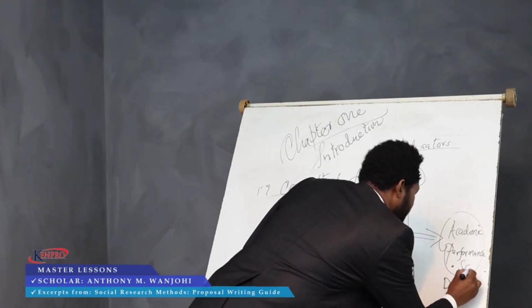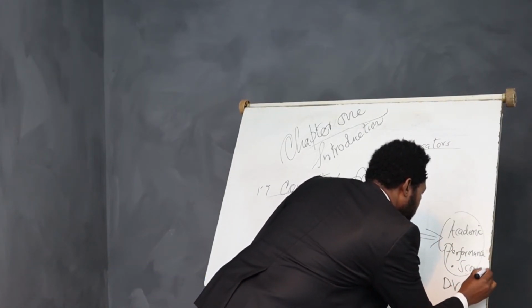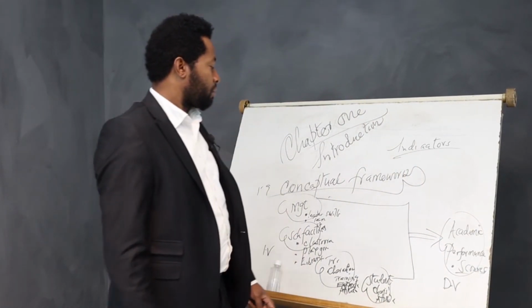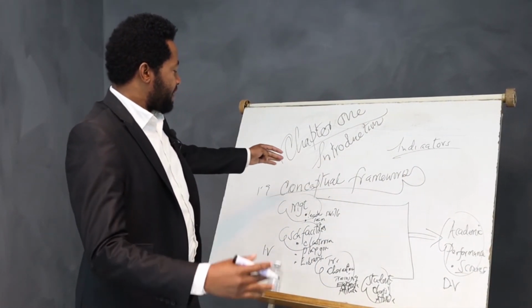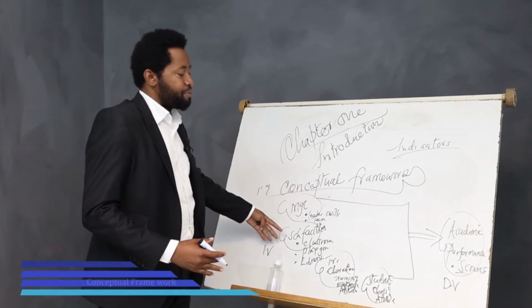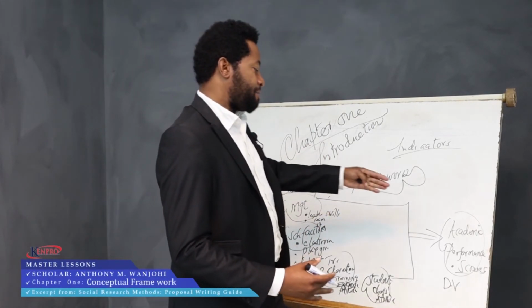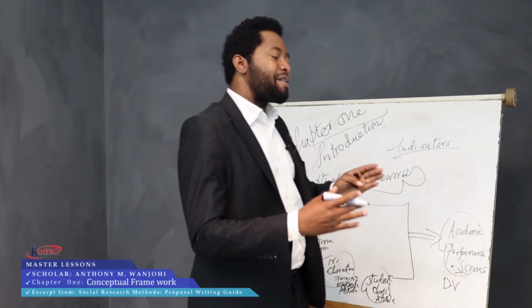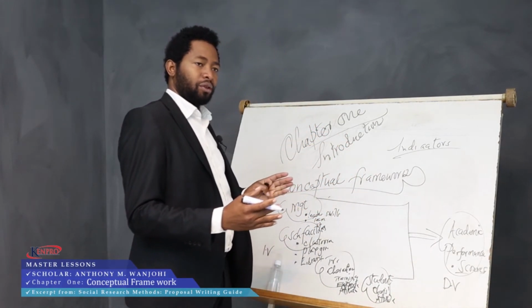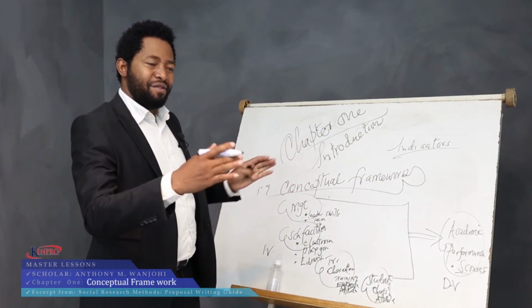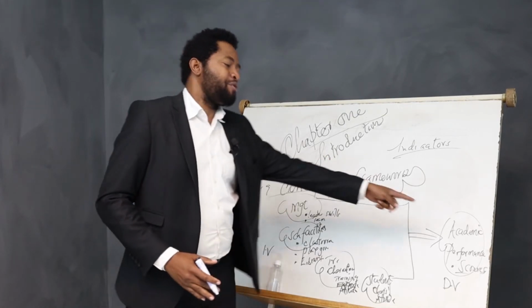Therefore, in terms of their scores. This is generally the conceptual framework of independent variables and the dependent variable, but you may have other variables, intervening variables, that may influence students' academic performance.